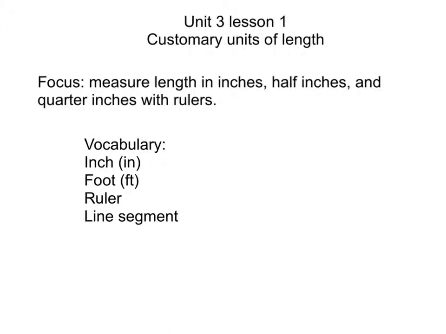That's fine. A ruler, and then a line segment. And if you look on Blackboard, you will see that there's actually pictures that I got that show you what each of these are. So also kind of just visually showing you what everything is.